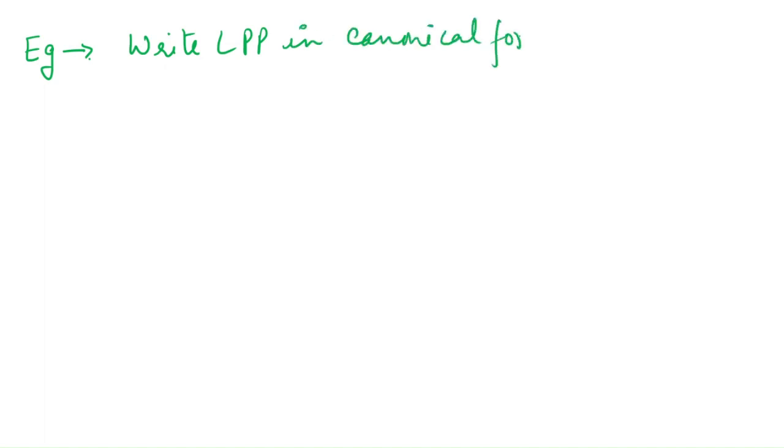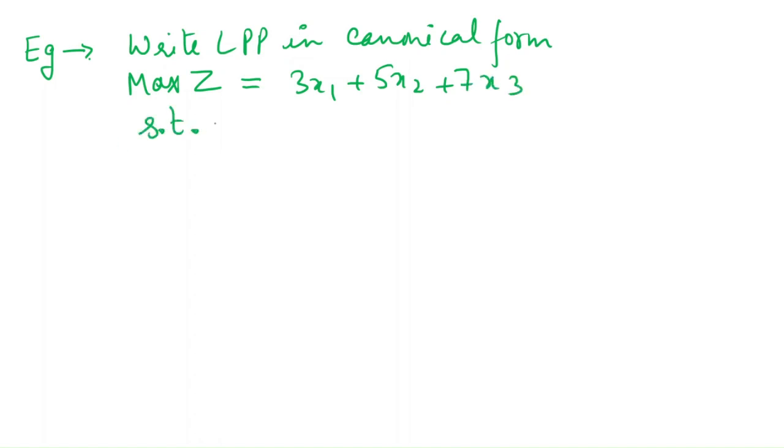So let us consider the first example, where we have to write the LPP in the canonical form. So maximize Z is equal to 3x1 plus 5x2 plus 7x3 subject to the constraints.